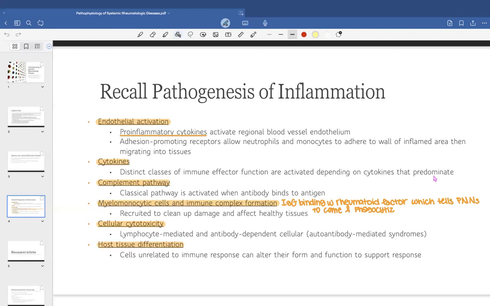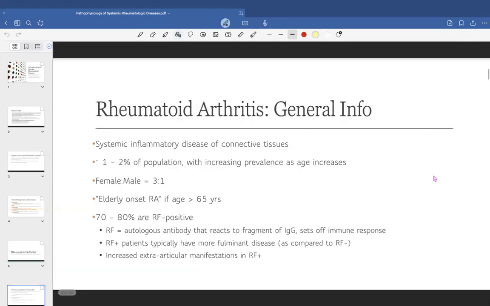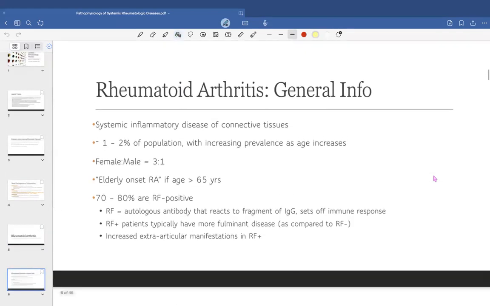So let's focus on rheumatoid arthritis, since you had osteoarthritis. One of the major characteristics of osteoarthritis is that it's asymmetric, right? With rheumatoid arthritis, it's symmetric.